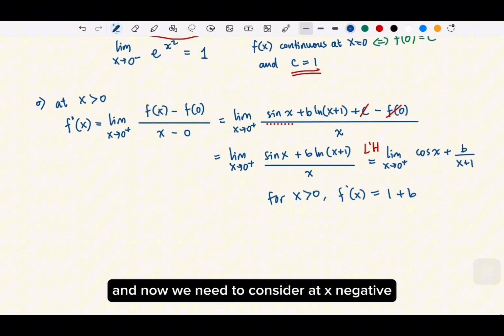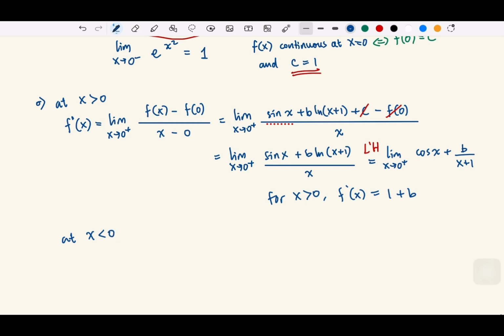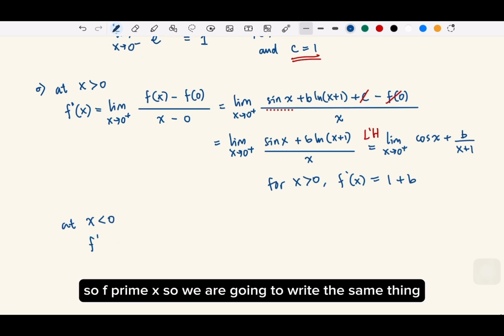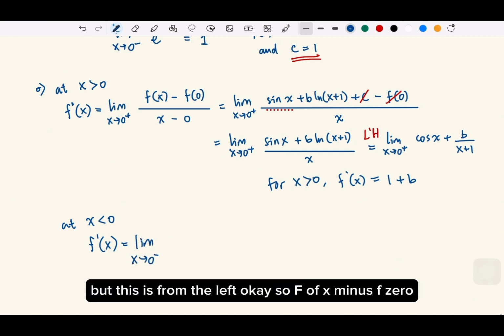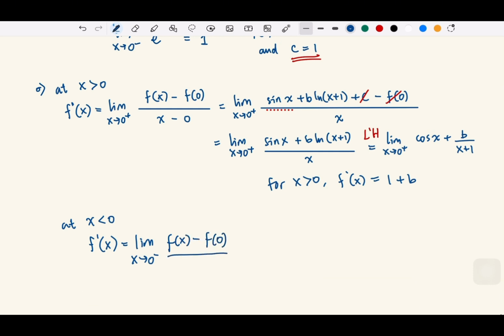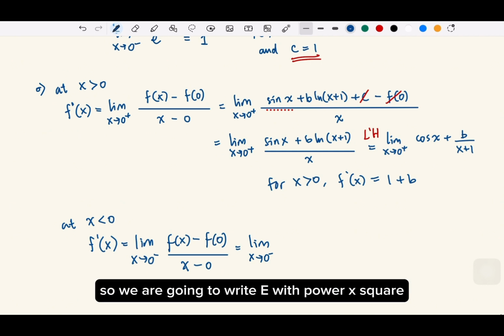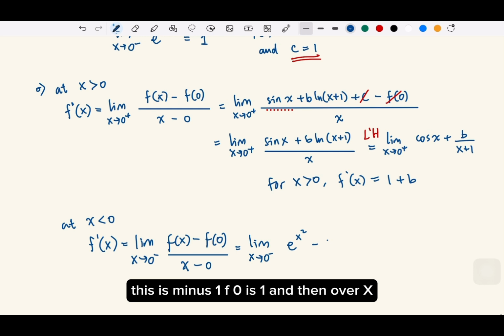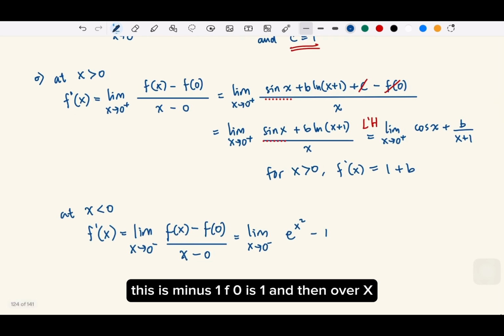And now we need to consider at x negative. So f prime x, we are going to write the same thing, but this is from the left. So f of x minus f0, so we are going to write e with power x squared minus 1, f0 is 1, and then over x.